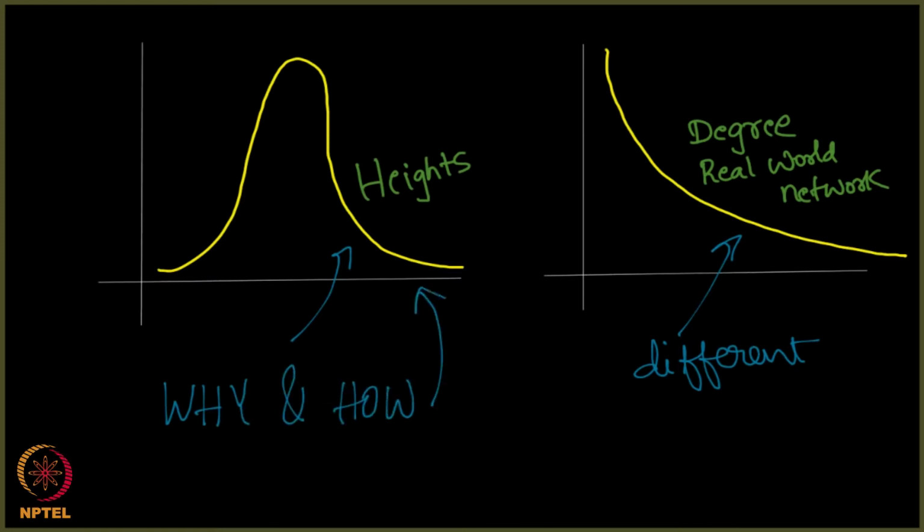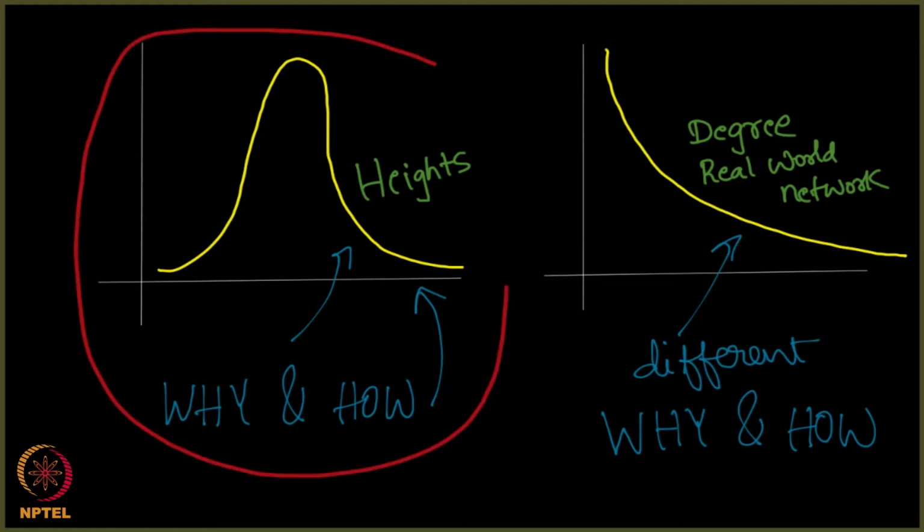This one. At the same time, why and how of this as well. So to begin with, let me ask the why and how of this normal distribution. How does normal distribution come by?